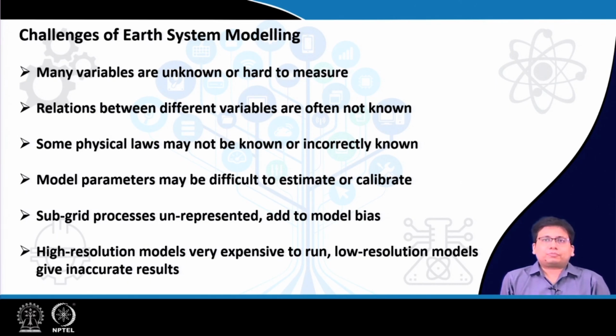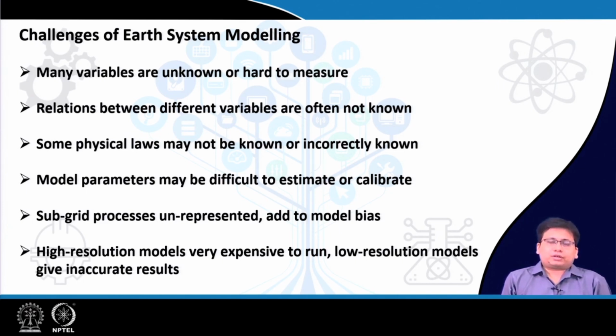There is actually a process behind it, only we are not able to take it into account. As a result of this, some bias is often added in these models, and this bias keeps getting accumulated, as a result of which, as the simulation runs for a long time, the output keeps deviating further and further from reality.